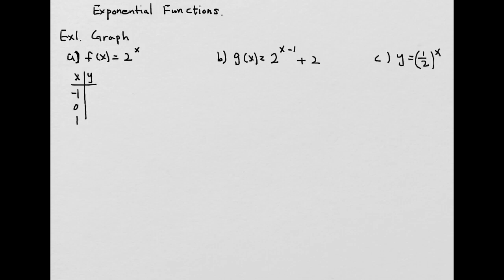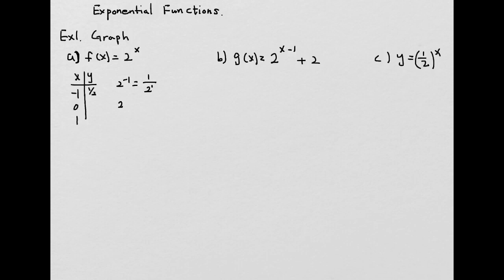So when we plug in negative 1 for x, you're going to get 2 to the negative first exponent, which equals 1 over 2 to the first exponent, which is just 1 over 2.